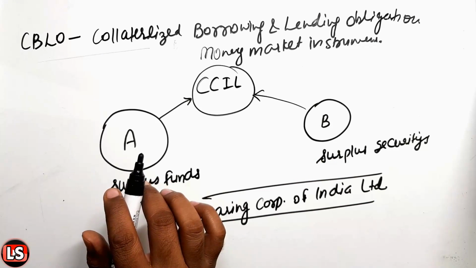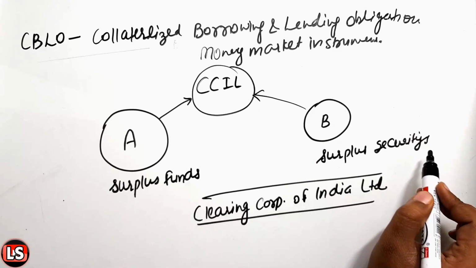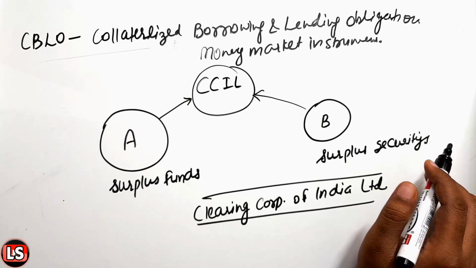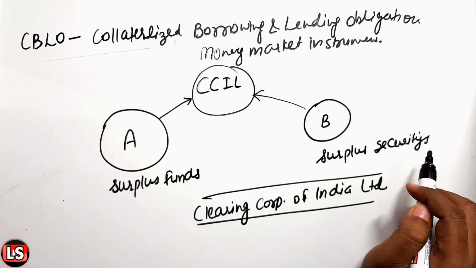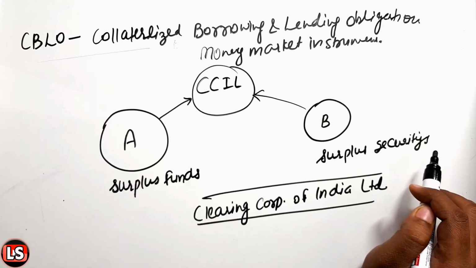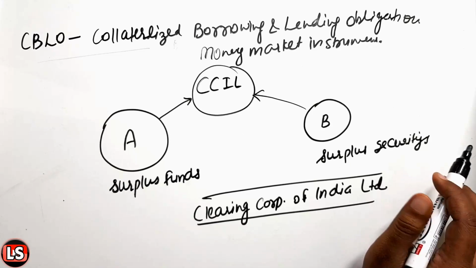We said that B has surplus securities with him. These must be approved securities, and this includes government securities and treasury bills also.